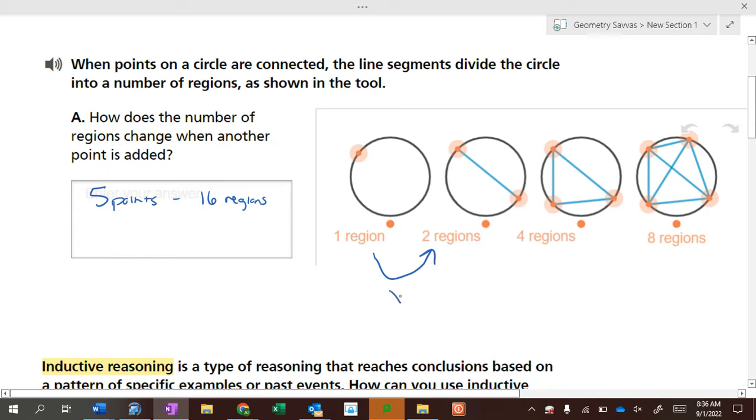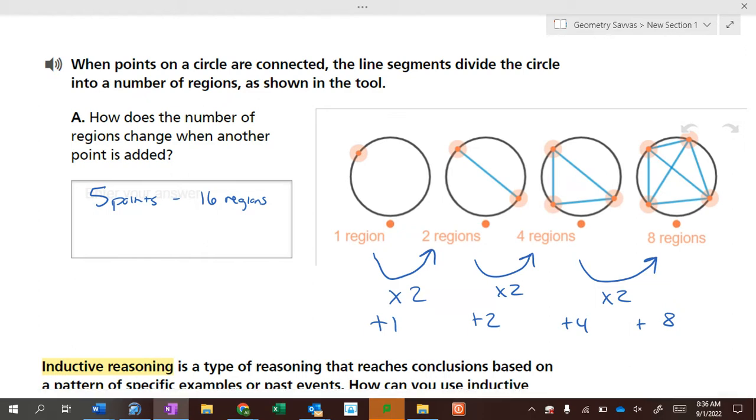Kendra multiplied by 2 each time, and then got 16. Braden first added 1, then added 2, then added 4, then added 8, and then next time he would add 16, and so on. Okay? All right. So it's basically the same thing.